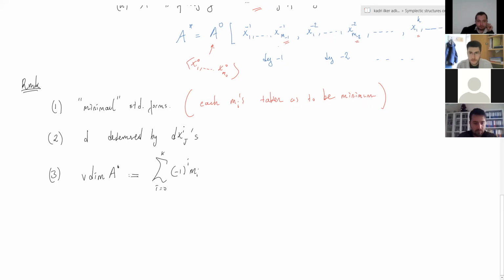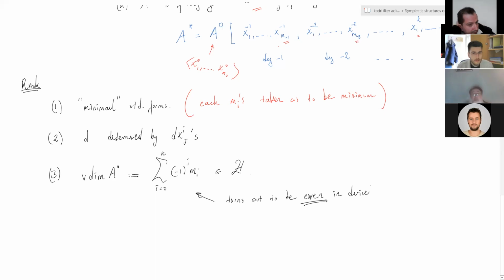Okay, this is a little bit important, and it's very interesting that this thing turns out to be even in the derived symplectic setup. This is exactly the algebraic counterpart of the situation in the usual differential geometry, right?